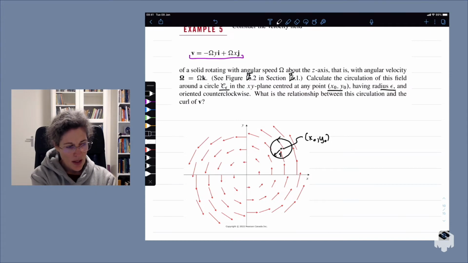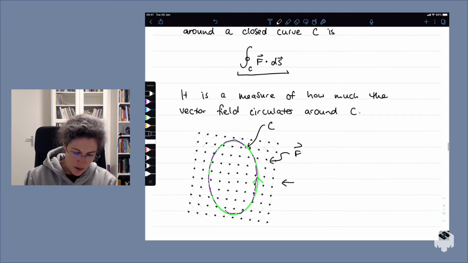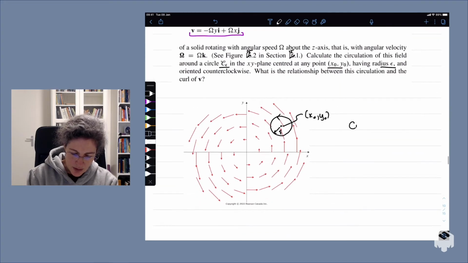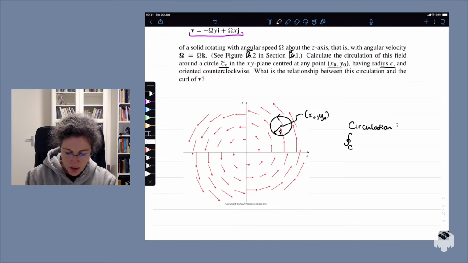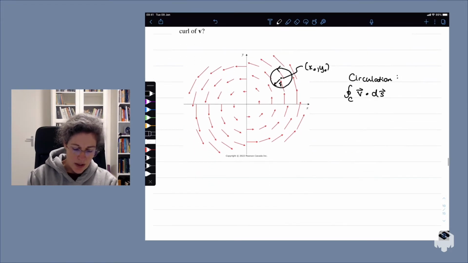Okay, and we know that, going back here, our circulation is the line integral of our vector field around that curve. So we need to do a little bit of work here.